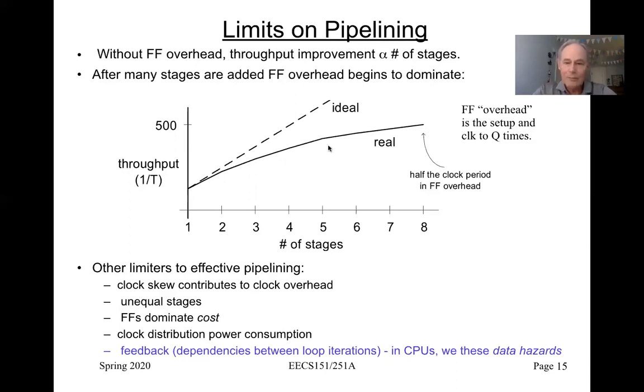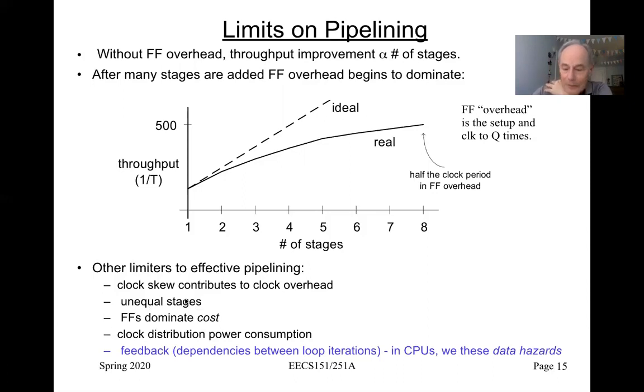So that's the main limiter to the effectiveness of pipelining. There are other things that limit the effectiveness of pipelining. One is that the clock skew contributes to the clock overhead. That just means that the clock overhead is actually going to be worse because of clock skew. As we'll talk about later in the semester, don't worry about that now.